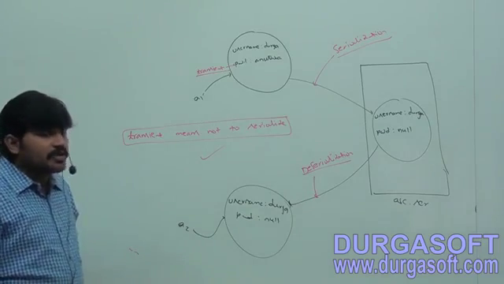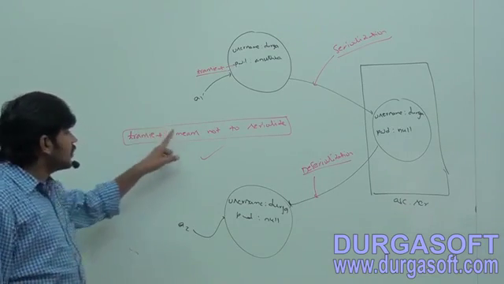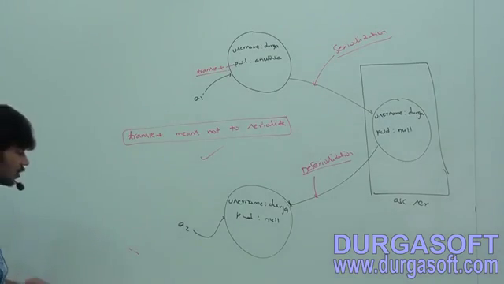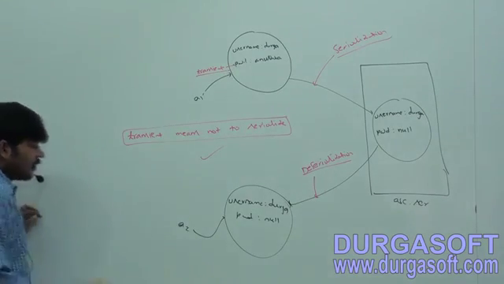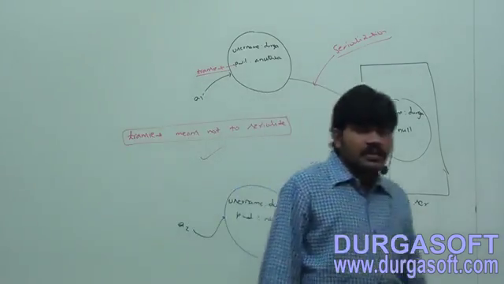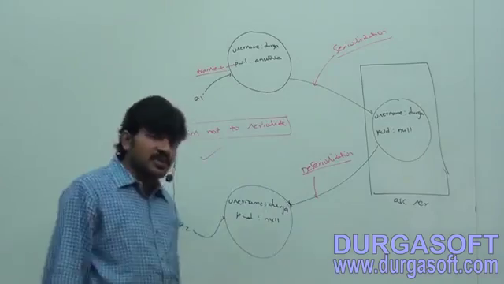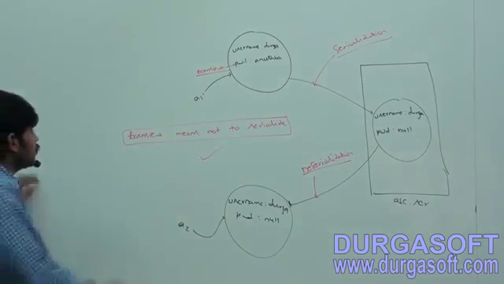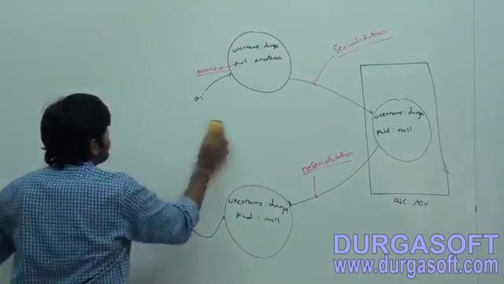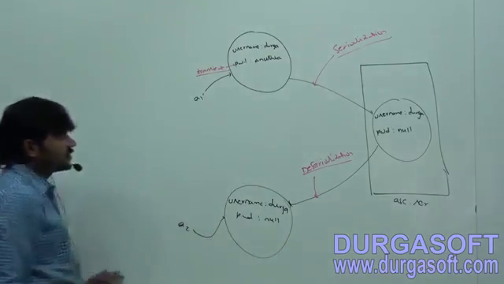Hence, better to highlight this one. Transient means not to serialize. Hence, transient means not to serialize.